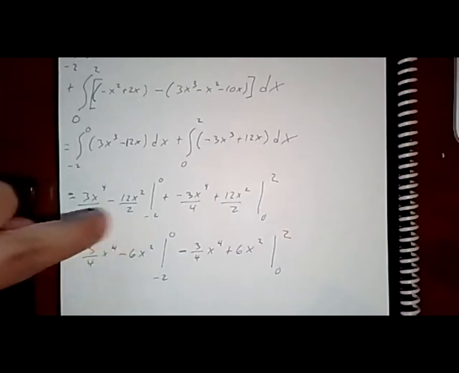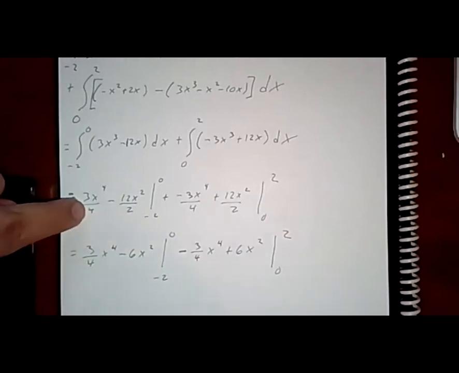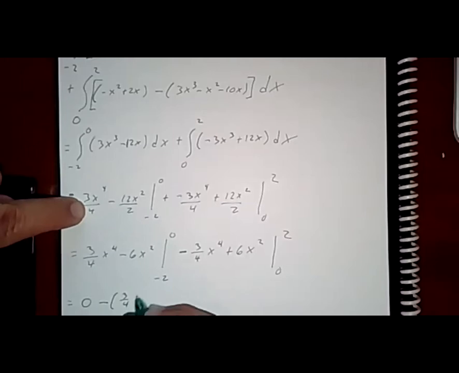So plug in 0 first, then minus a -2. It'll be 0 minus 3/4 times -2 to the 4th minus 6 times -2 squared. So that's the first part.